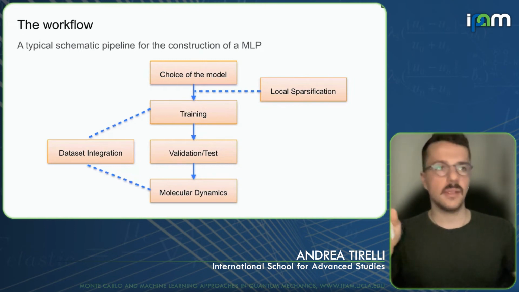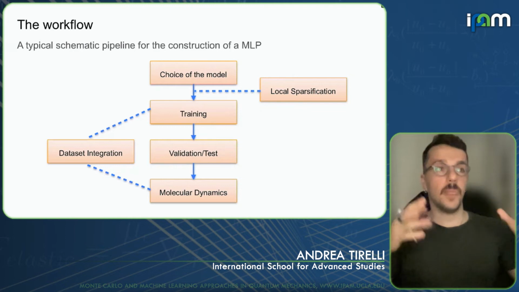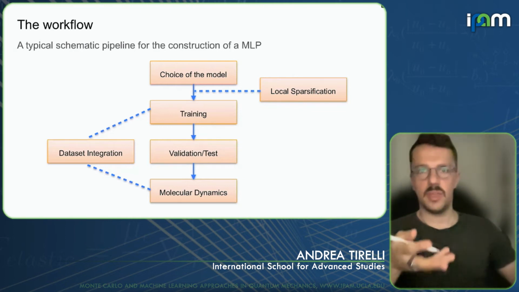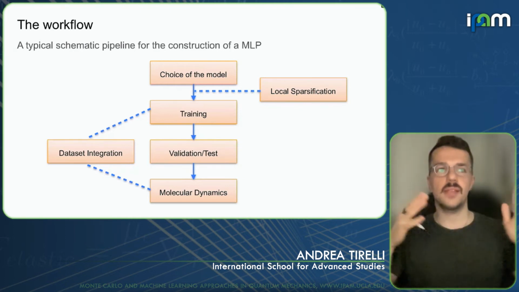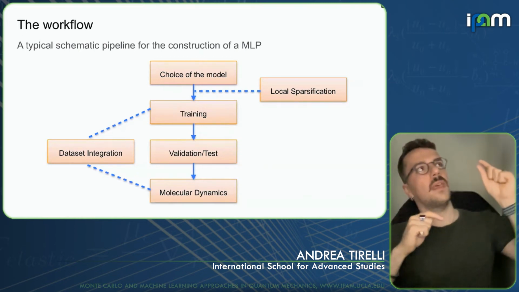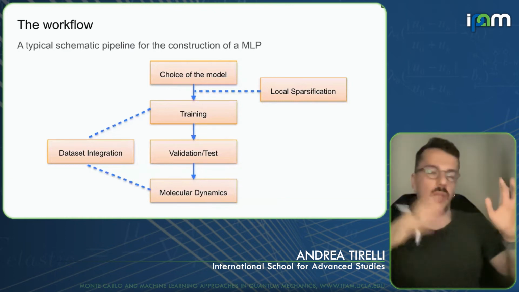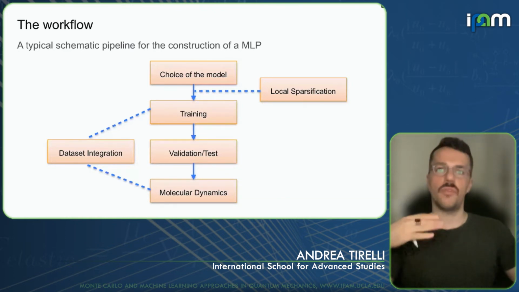On this training set, we perform these local sparsifications, and we have seen in our case that the local sparsification throws out a lot of configurations, even if it is only able to save local environments.